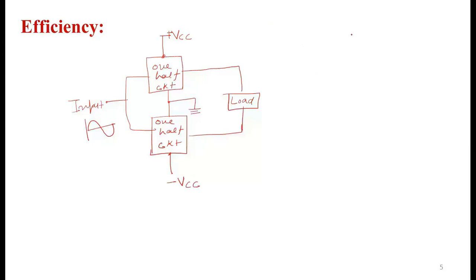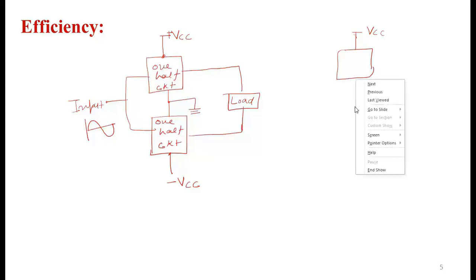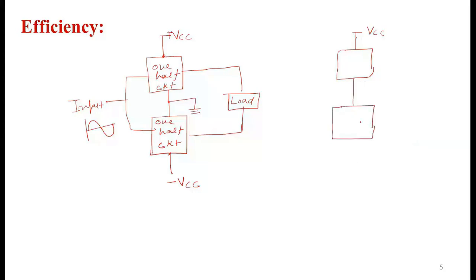For the other kind of push-pull amplifier, we have one DC source, that is the one VCC voltage DC source. So here we have connected to the ground, and from here itself we can connect to the load.